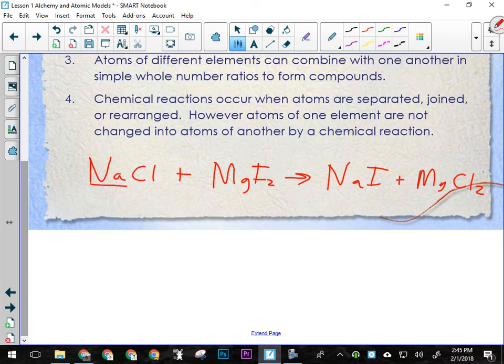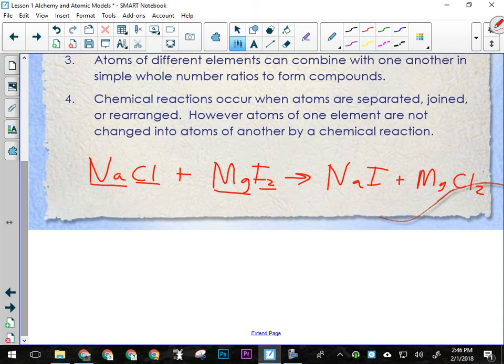There's sodium, chlorine, magnesium, and iodine. Do I have the same 4 elements on that side? Yeah. A chemical reaction doesn't change the elements that I start with. That was kind of the death of alchemy, realizing that by a reaction I can't change lead into gold. I can change sodium chloride and magnesium iodide into sodium iodide and magnesium chloride, but I still have the same elements that I started with.